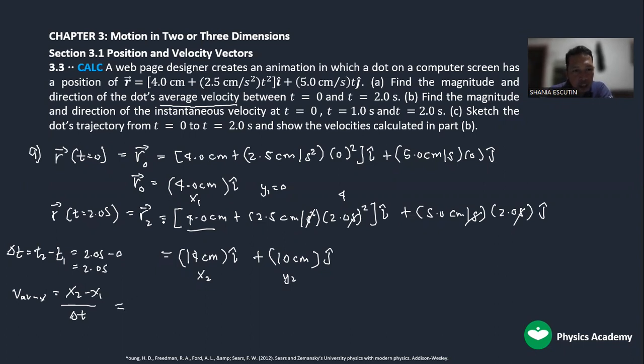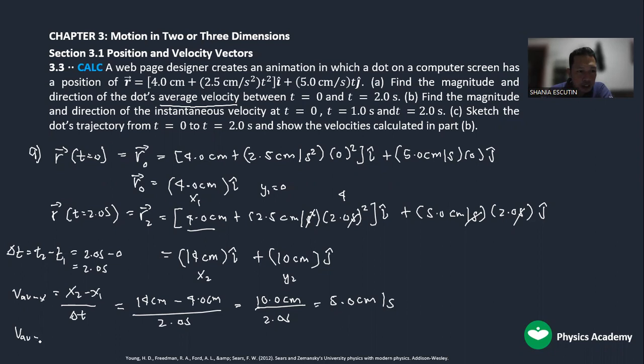Here, our x2 is 14 centimeter, our x1 is 4.0 centimeter, and we divide by 2.0 seconds. So we have 10.0 centimeter divided by 2.0 seconds, which gives 5.0 centimeter per second for our v average along x.